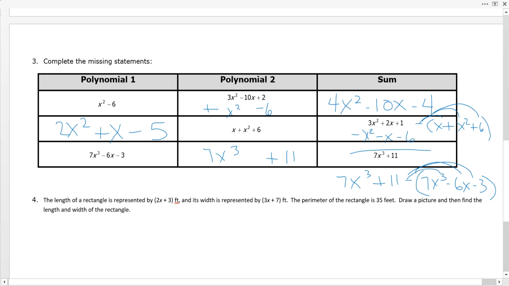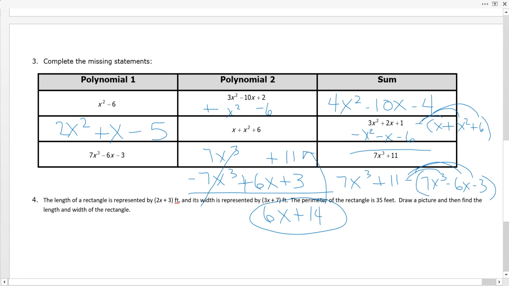I'm going to spread it out because now I have minus 7x to the third plus 6x plus 3. Changed all my signs. Those cancel. So I have 6x plus 14 is my answer for this one. Okay, adding and subtracting like terms.